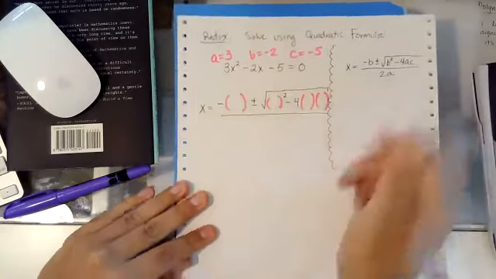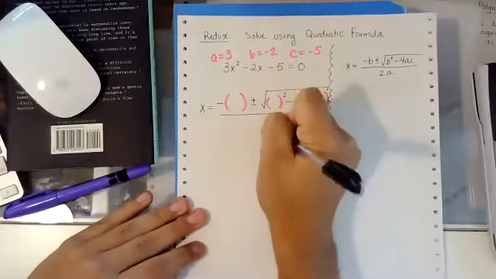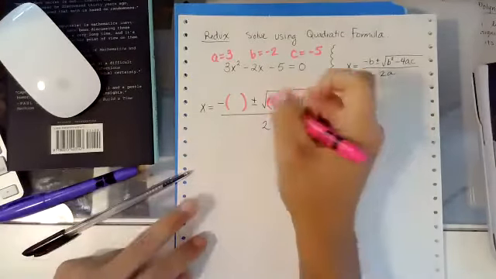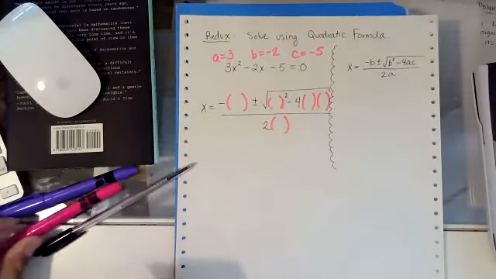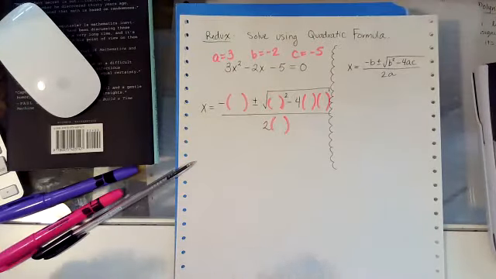All of it is going to be divided by 2 times something, so I'm going to put parentheses there. So pre-process the expression by putting in the blank parentheses. It is going to save your life in terms of losing negative signs, because that is one of the number one killers here. Okay.